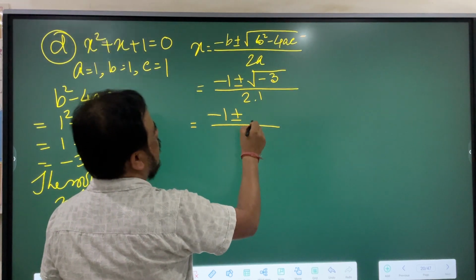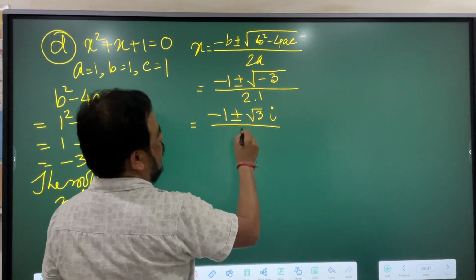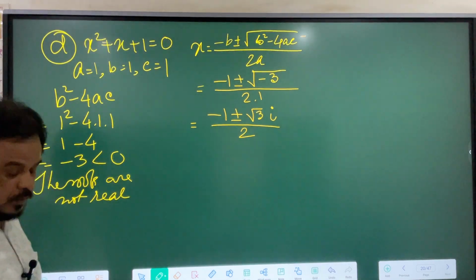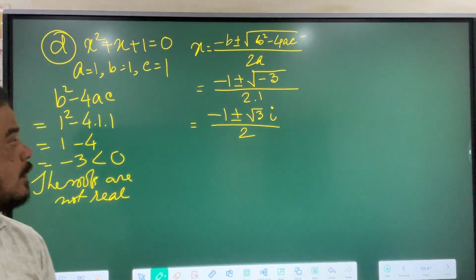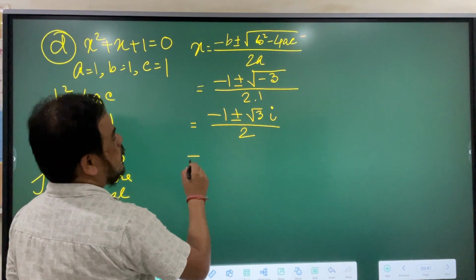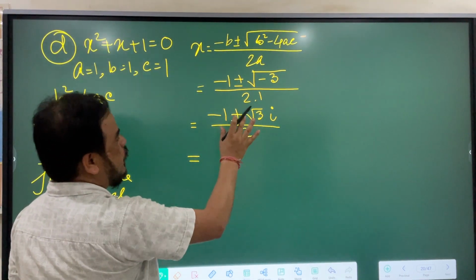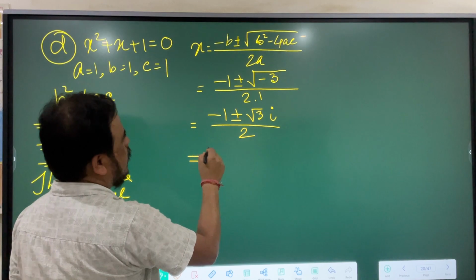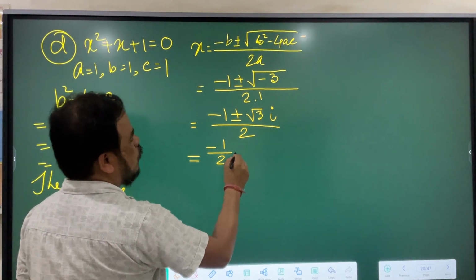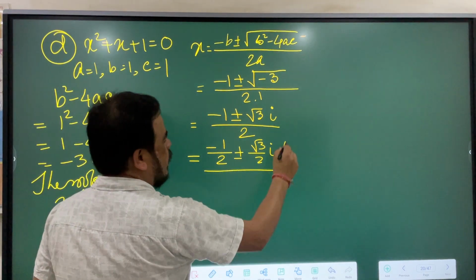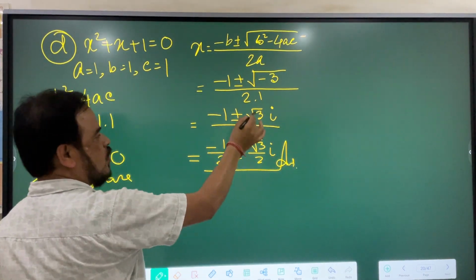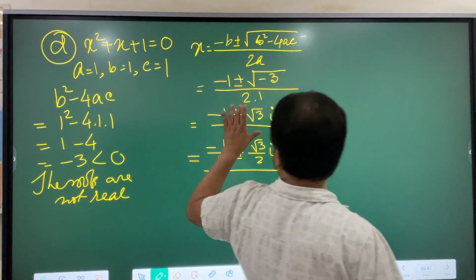Minus 1 plus minus root 3 i by 2. This is actually finished. We can do one more thing here: minus 1 by 2 plus minus root 3 by 2 i. It will be better to write like this, but the earlier form is also correct. If you write it together, no problem.